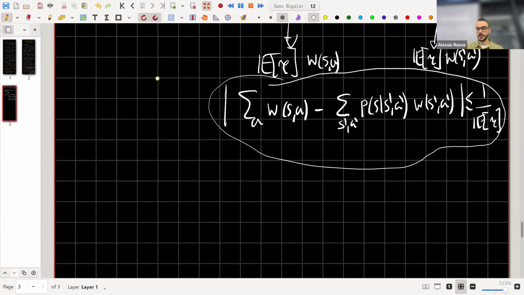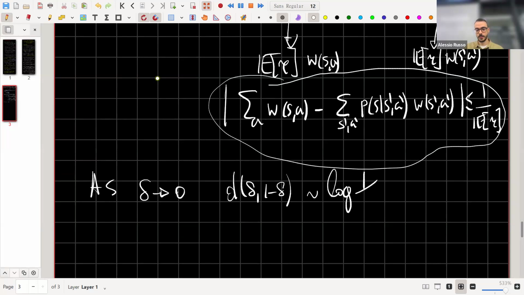And when this happens, this right-hand side converges to 0, which means that this quantity needs to be equal to this quantity. So as delta tends to 0, we have that the Bernoulli-KL divergence converges to infinity according to log 1 over delta.